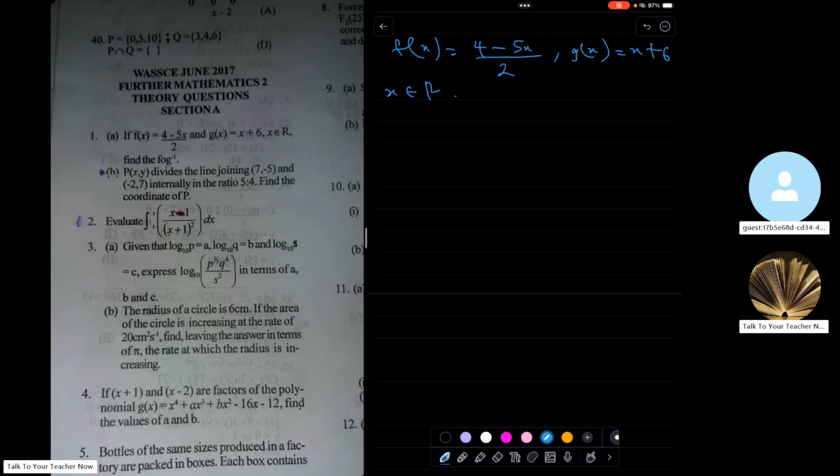First find the inverse of g of x: make g of x equal to y. No, do it somewhere and tell me the answer. Do it somewhere and tell me the answer.